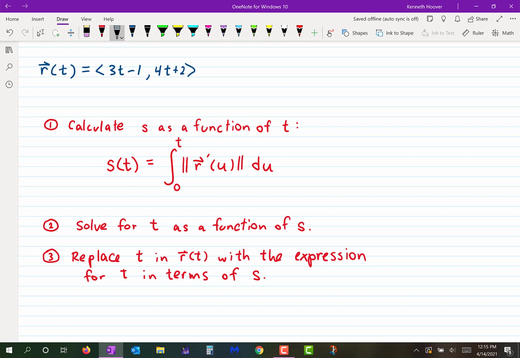Okay, so here's what I'm going to do. I'm going to write r prime of u. Let's calculate that. This particular one is really easy, isn't it? Because it's just going to be 3 comma 4, isn't it? So what's the magnitude of that?